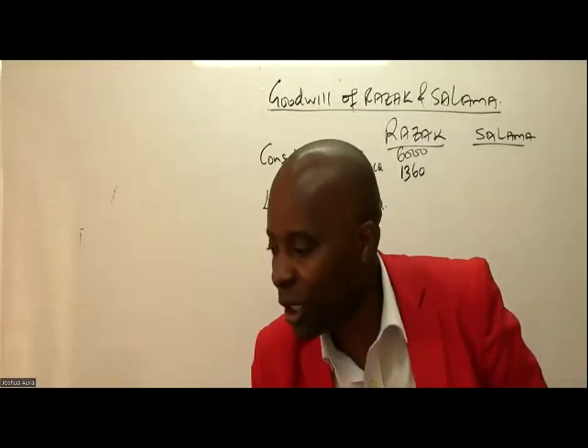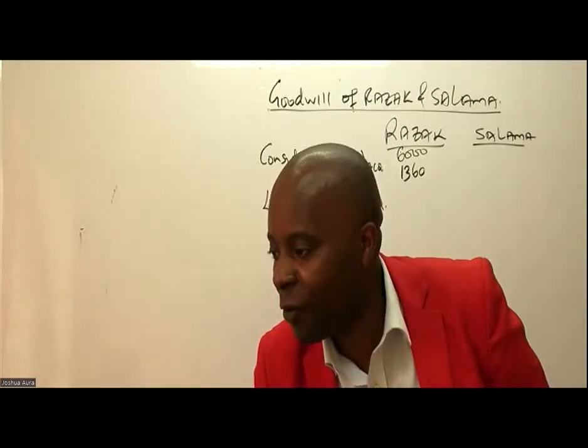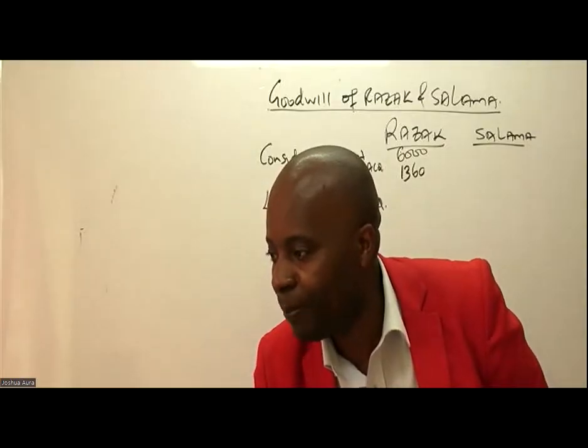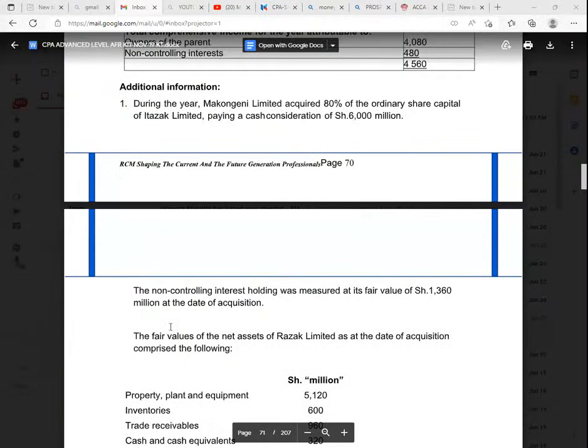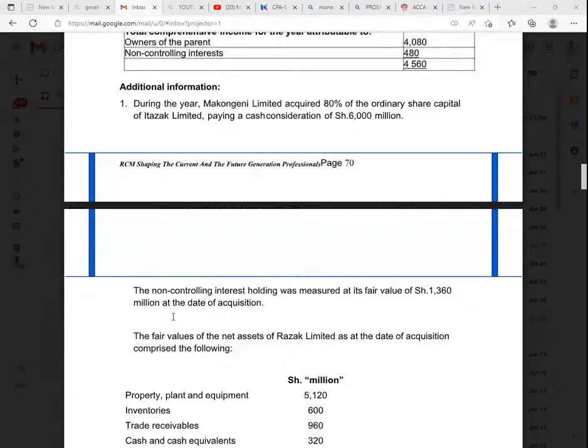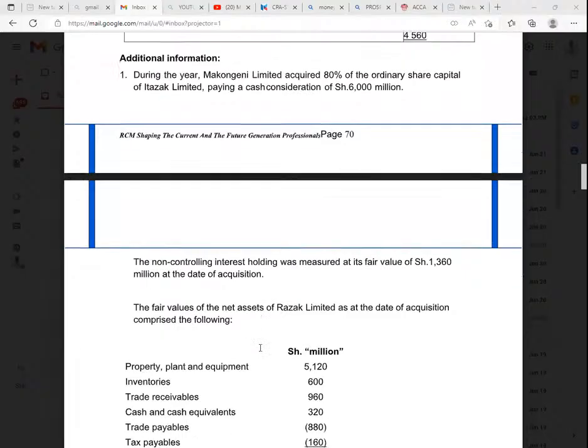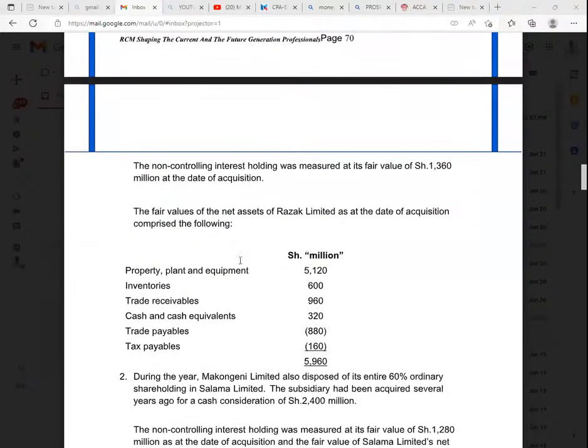So what do we have here for net assets at acquisition? The fair value of net assets of EIHE Limited at the date of acquisition comprised the following. These were the net assets, and I'm interested in the total.